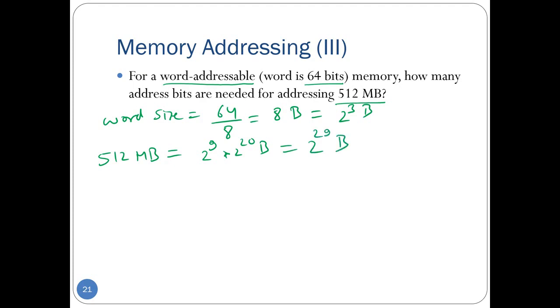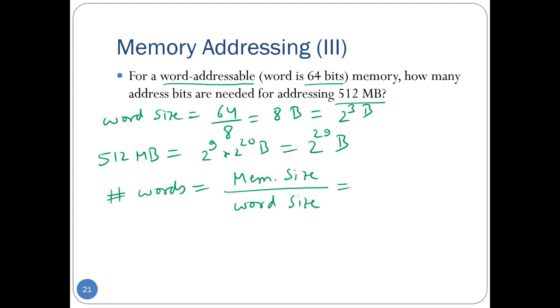Now, how many address bits are needed? To figure that out, we first need to figure out how many words there would be in this total memory system, right? So the number of words would be given by memory size divided by word size.